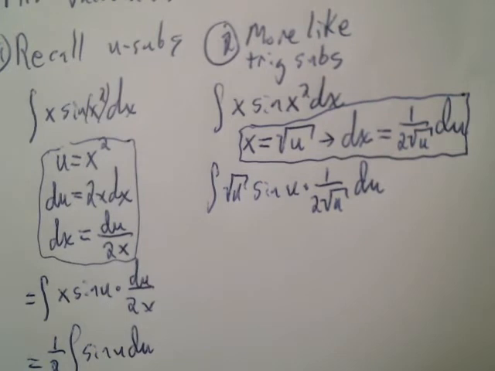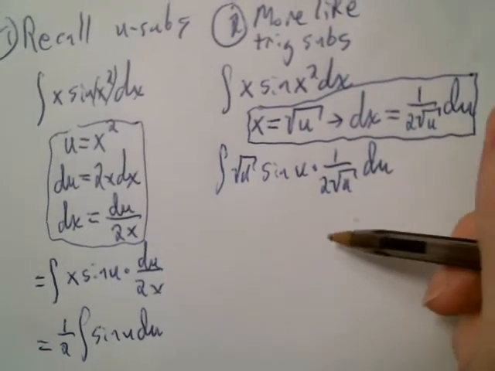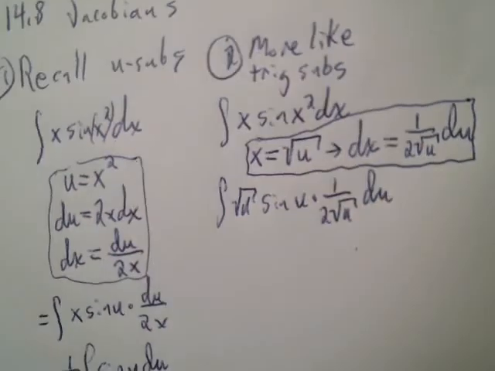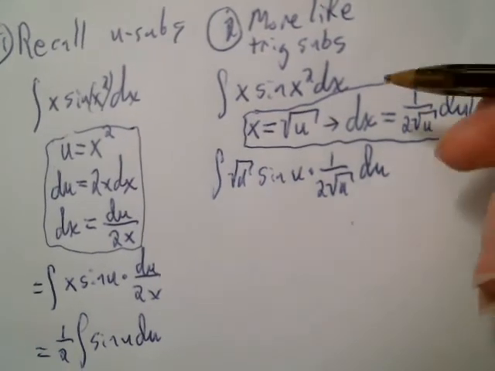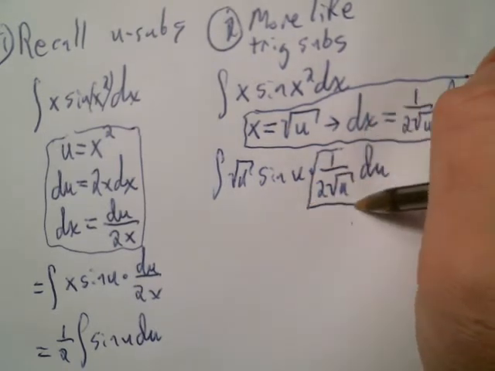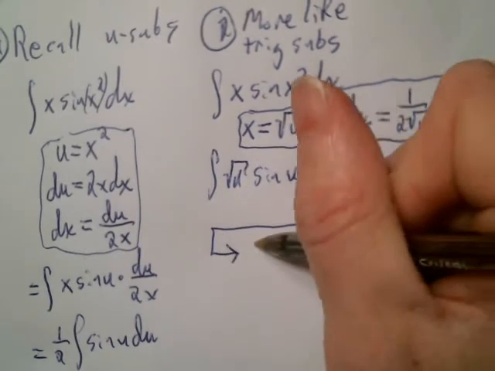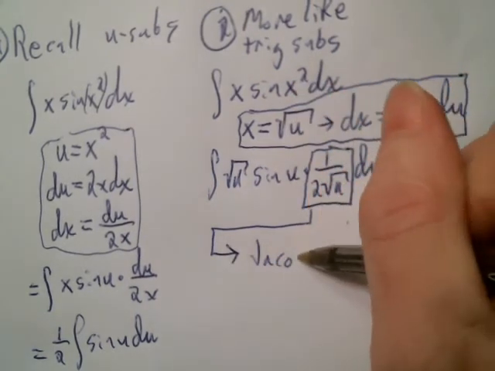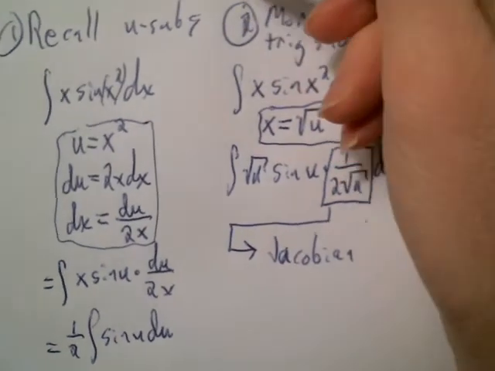It's just that this sub is more along the lines of the Jacobian, the way we're going to do it in this section. And in particular, this factor here is going to be basically our Jacobian. So this is what we'll call the Jacobian.